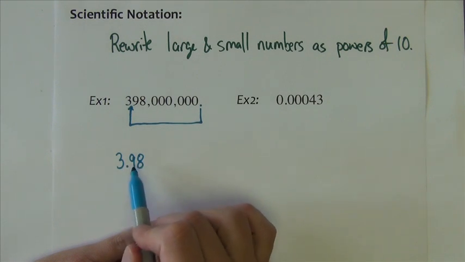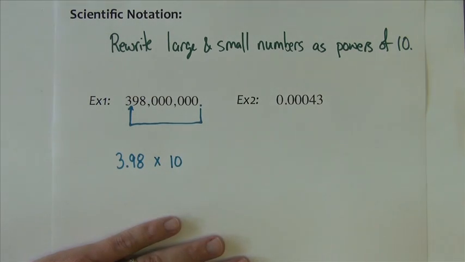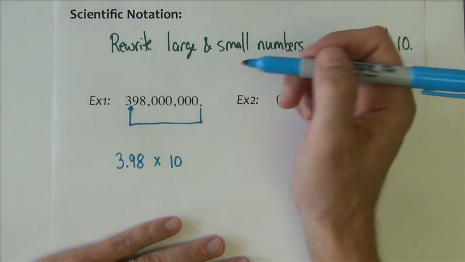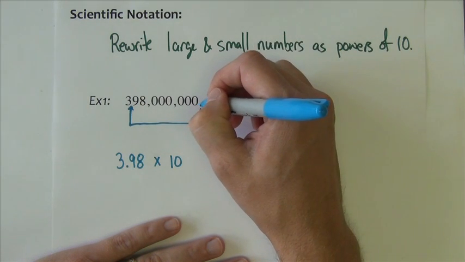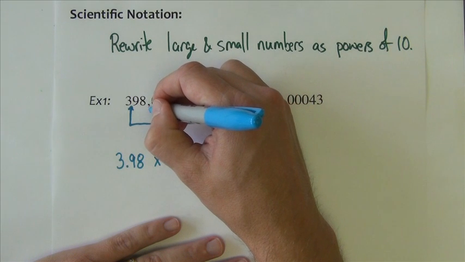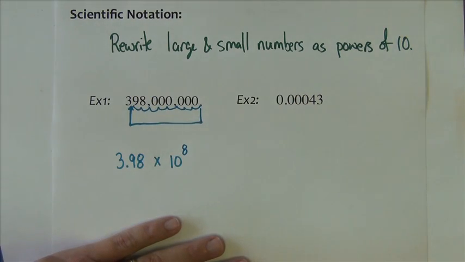Okay, so 3.98 would fit that description. We multiply by a power of 10. The power of 10 corresponds to the number of decimal places that we moved. Okay, so I just count them out. 1, 2, 3, 4, 5, 6, 7, 8. I moved 8 places, so times 10 to the 8th power. That's it.